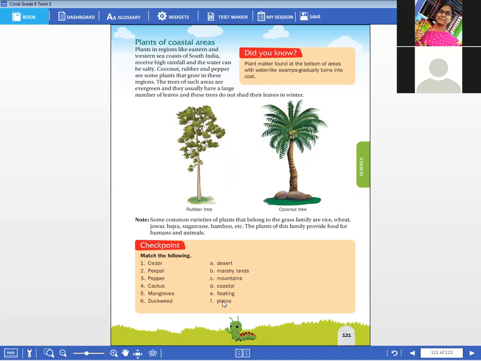Evergreen. Usually. Shed. Varieties. Common. Belong.